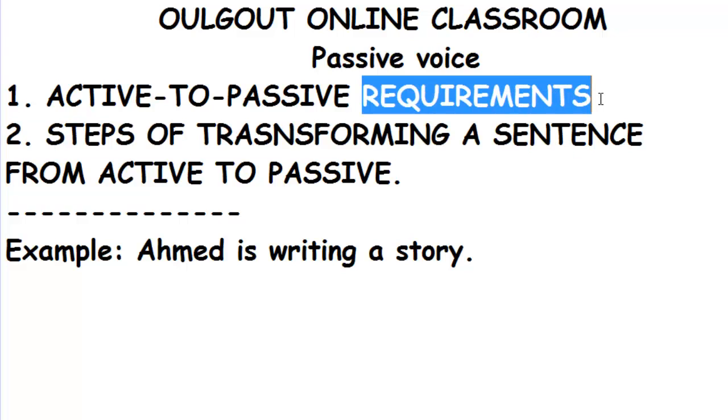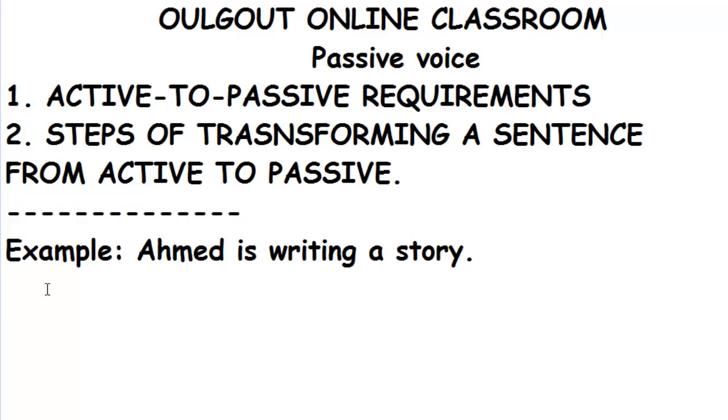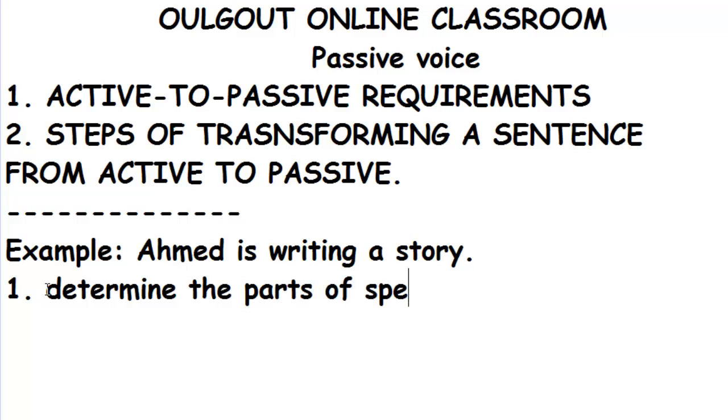So the first step is to determine the parts of speech. In my draft, I can simply use my pencil and write abbreviations for the basic parts of speech: subject, verb, and object. Now, what are the main parts of speech in this sentence?